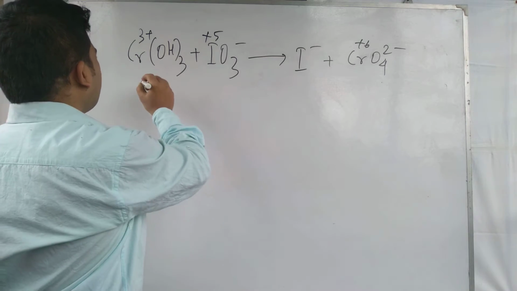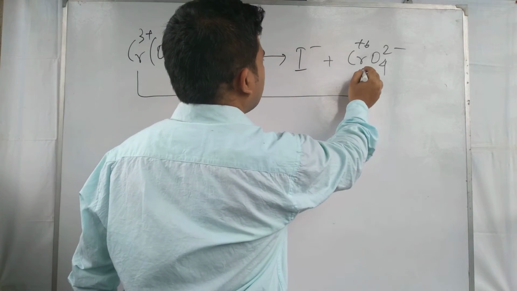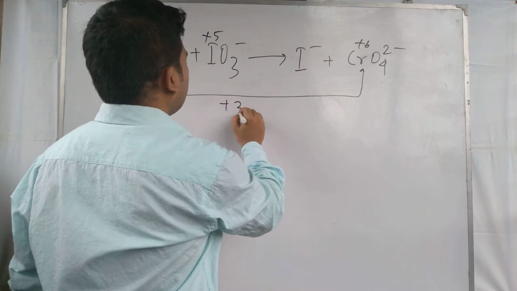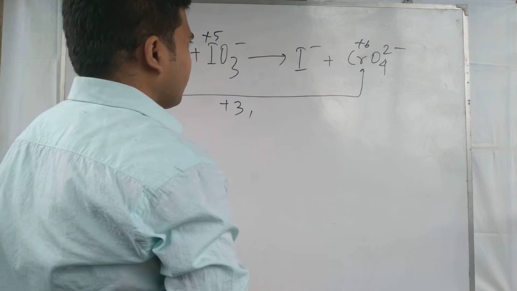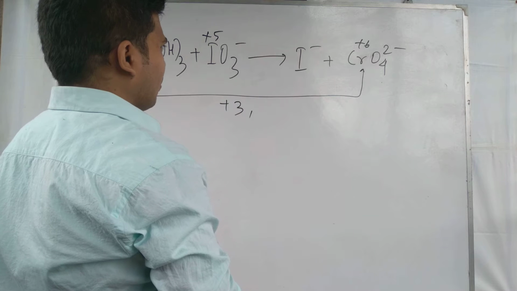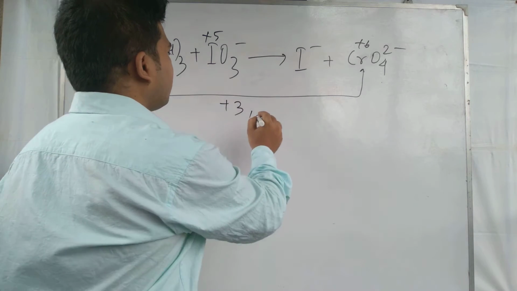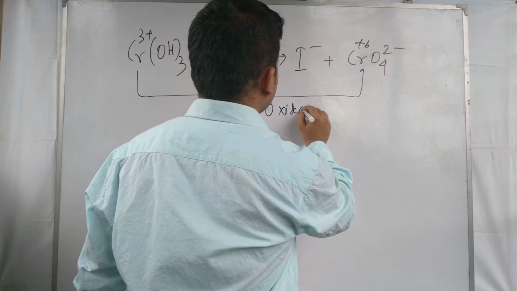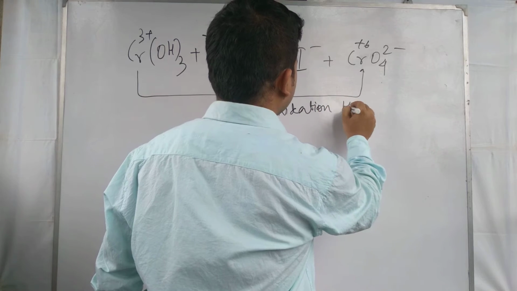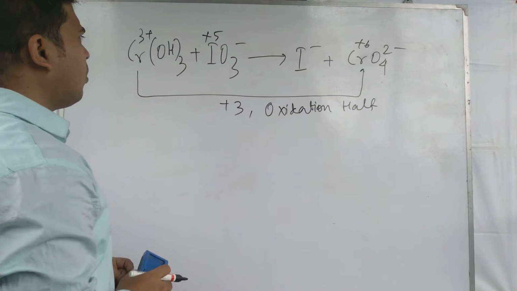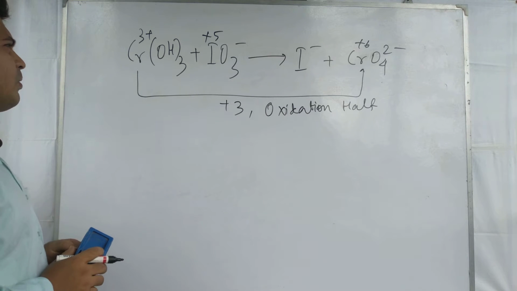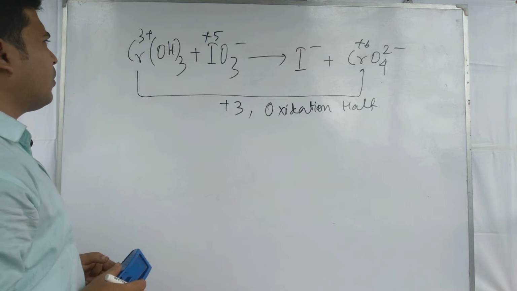Here the net +3 to +6, here plus 3 unit increase of oxidation number is taking place. So this one is the oxidation half, because oxidation number increase is called oxidation.